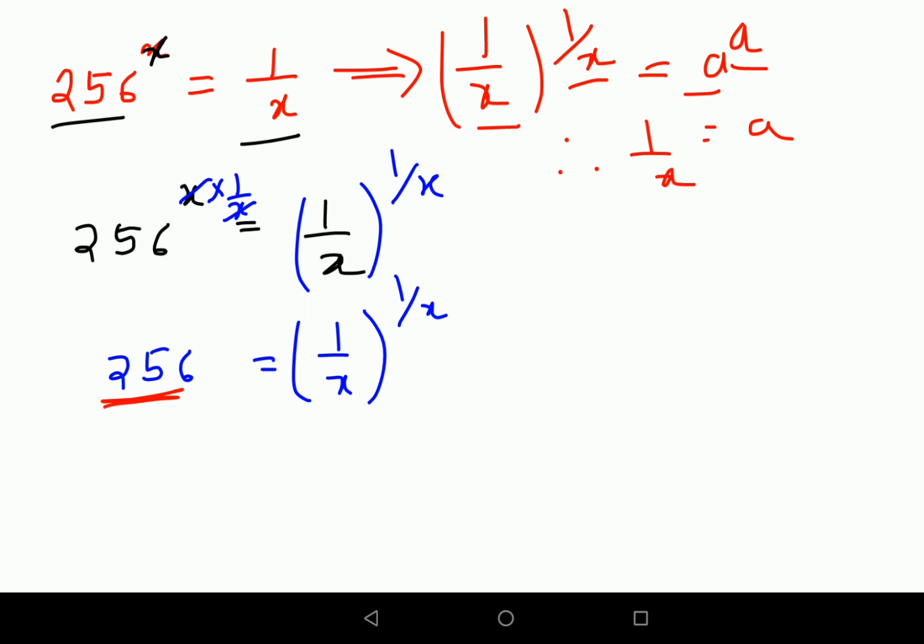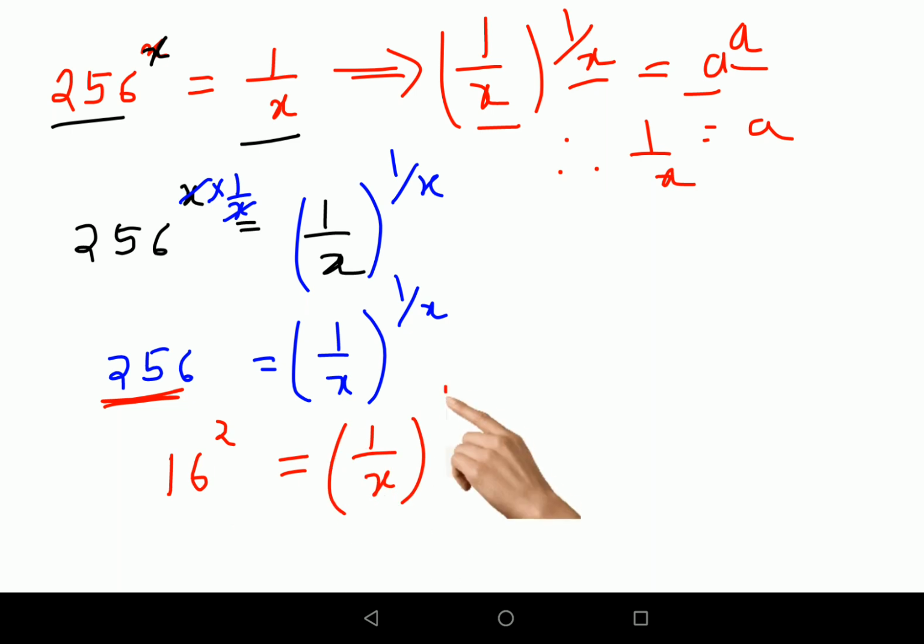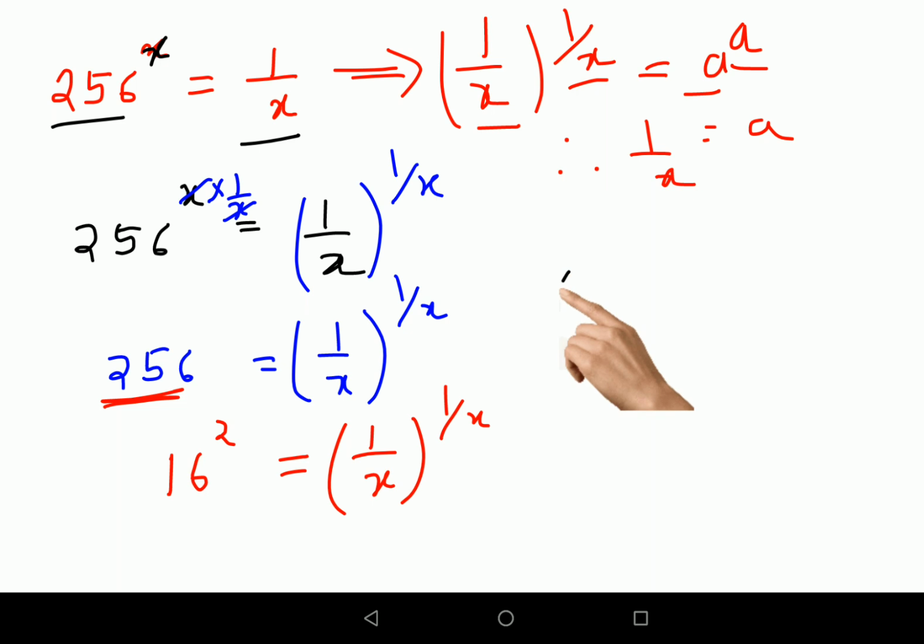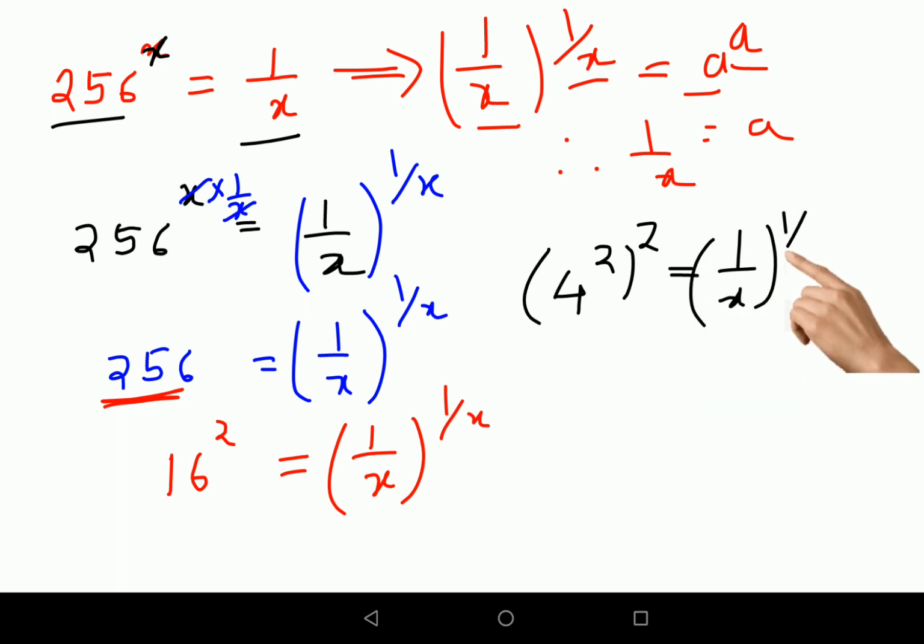Now a lot of people don't know this, but you all have to remember squares up to 25 at least. If you do that, things will become very easy, because this is nothing but 16 square. Here again, this is (1 upon x) the whole raised to 1 upon x. Now 16 square can also be written as (4 raised to 4) the whole square, and this is still (1 upon x) the whole raised to 1 upon x.